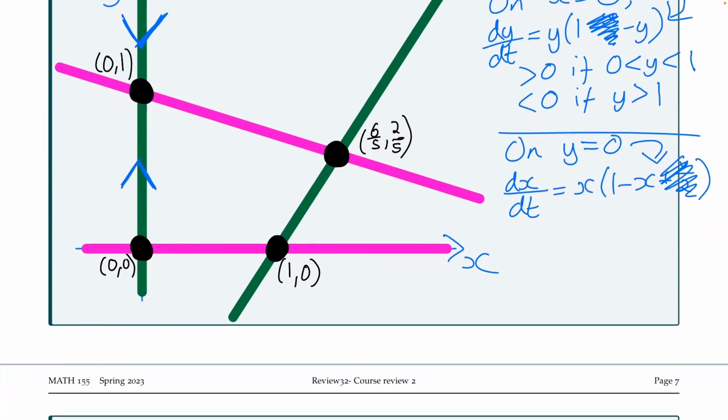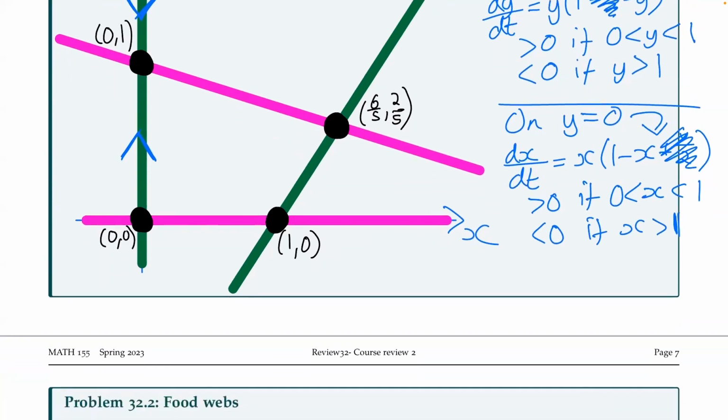So just like above, this is going to be greater than 0 if x is between 0 and 1, and it's going to be less than 0 if x is greater than 1. So on that horizontal pink line, the arrow points to the right if we're between 0 and 1, and it points to the left if we're greater than 1.